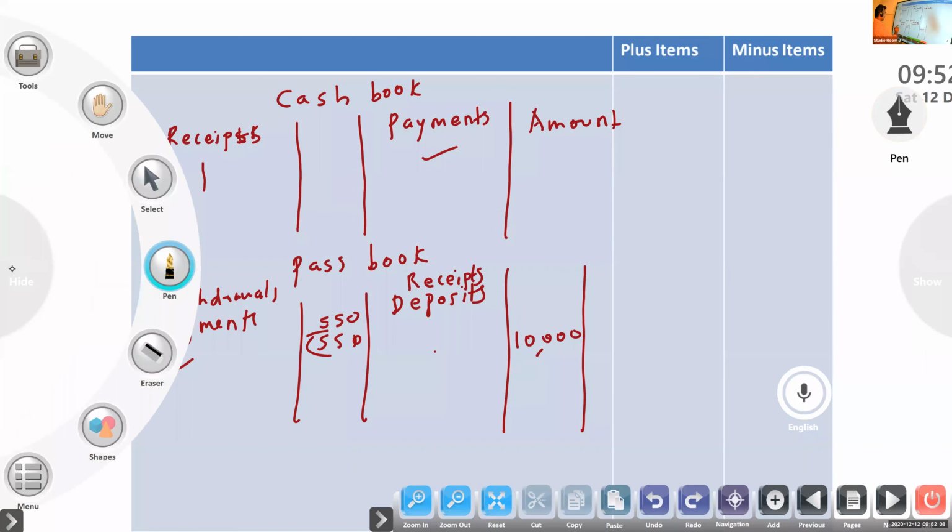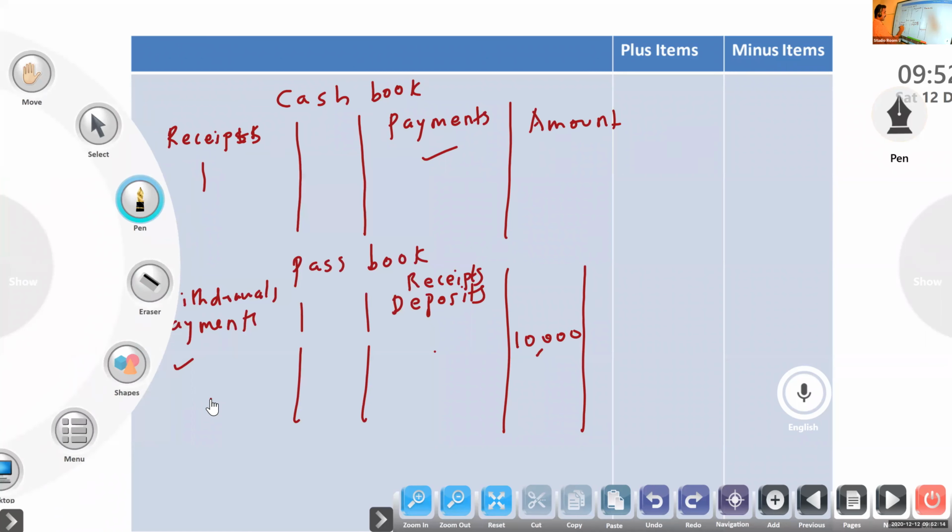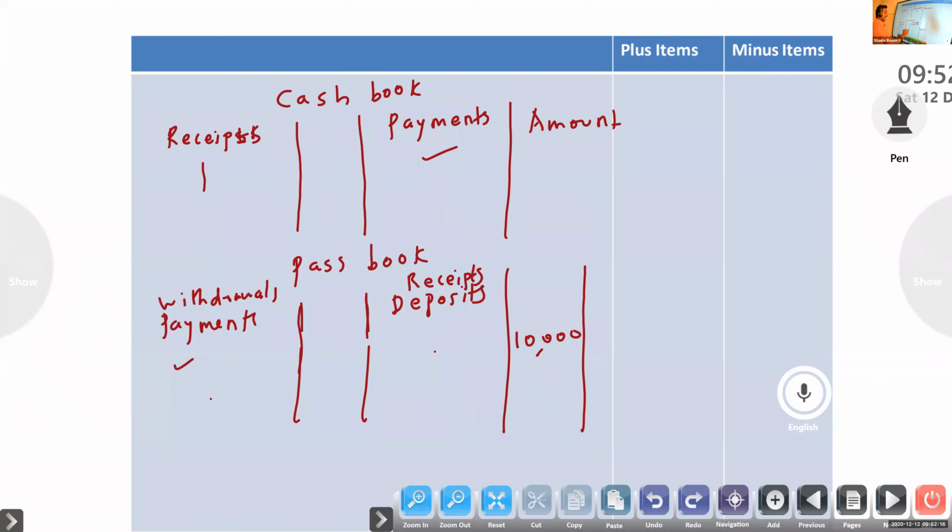So suppose, for example, the withdrawal column of the passbook is undercast. The correct withdrawal amount is 1000, so the balance will be 9000. But what they did was undercast. They wrote only 500.